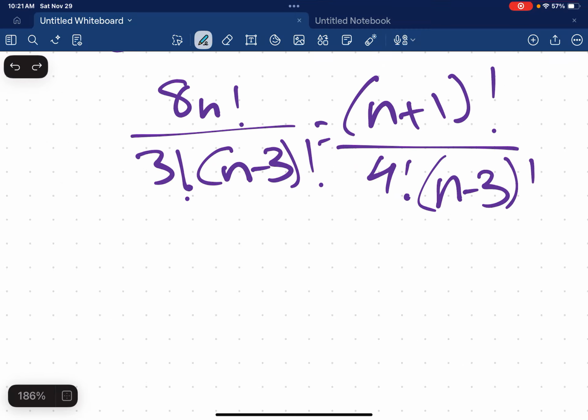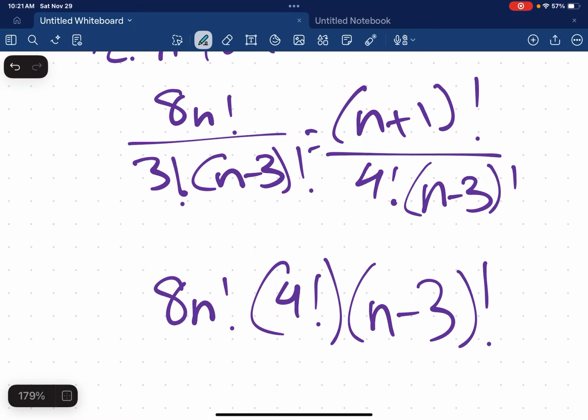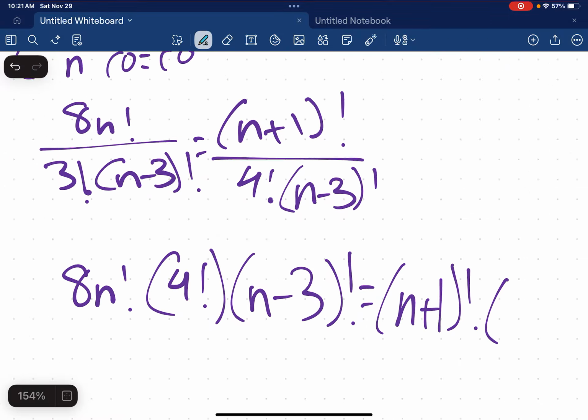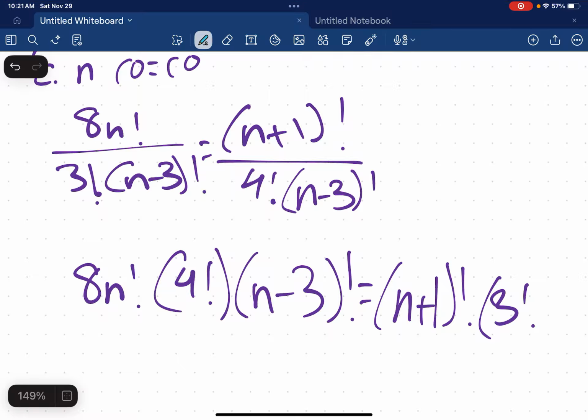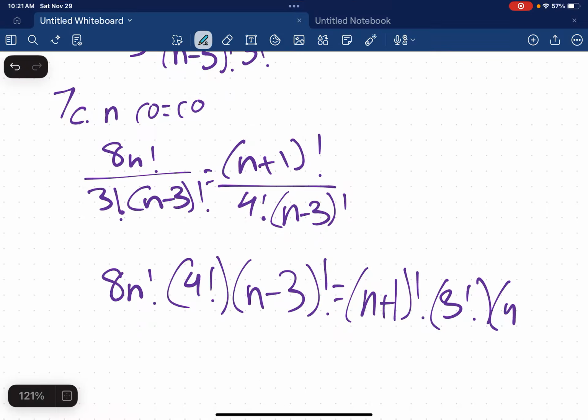Okay. We'll have 8n factorial times 4 factorial n minus 3 factorial is equal to n plus 1 factorial 3 factorial n minus 3 factorial.